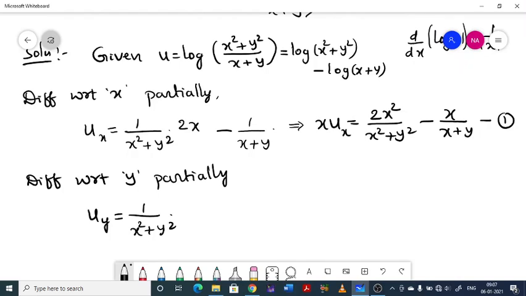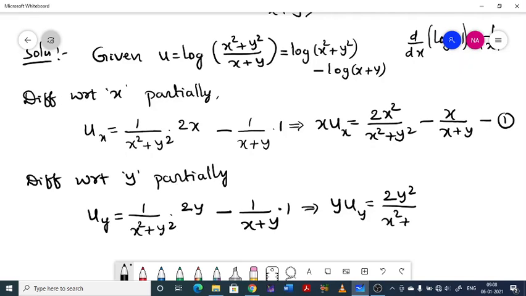So x square after differentiation will be 0, you get 2y, minus 1 by x plus y into 1. So y into uy will be 2y square divided by x square plus y square minus y by x plus y. Call this equation 2.